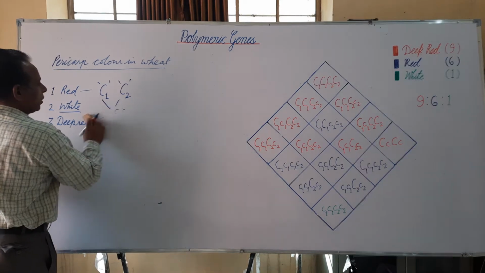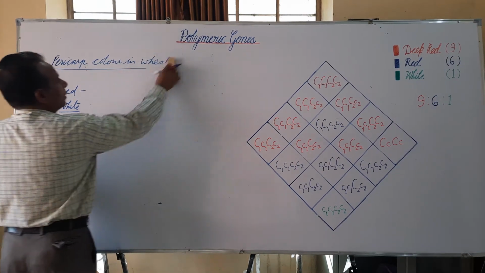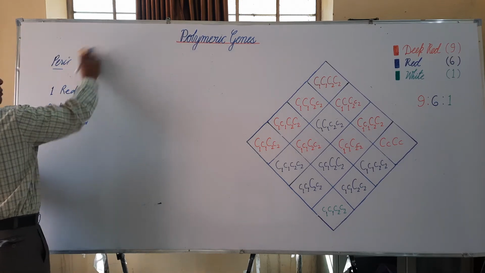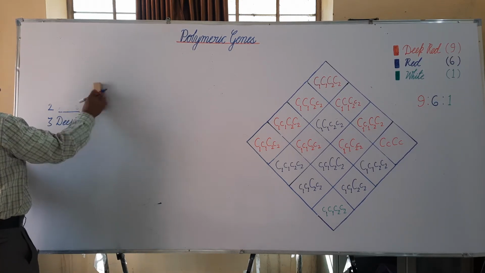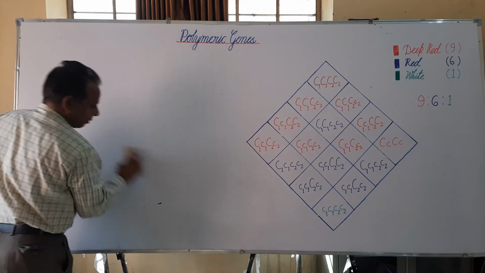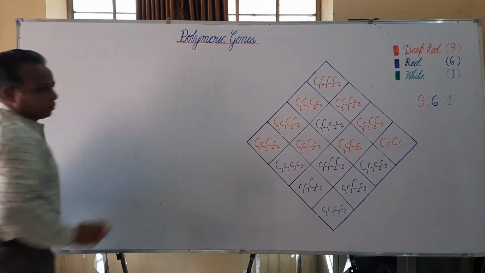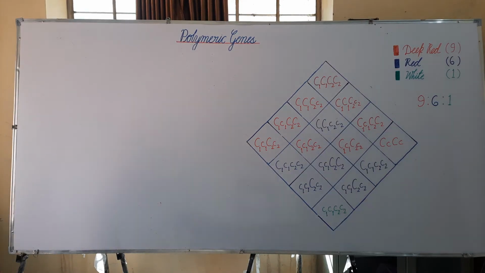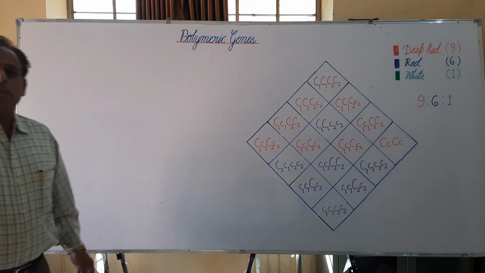Now we will discuss the interaction of polymeric genes by crossing. The two varieties of wheat differ in pericarp color.